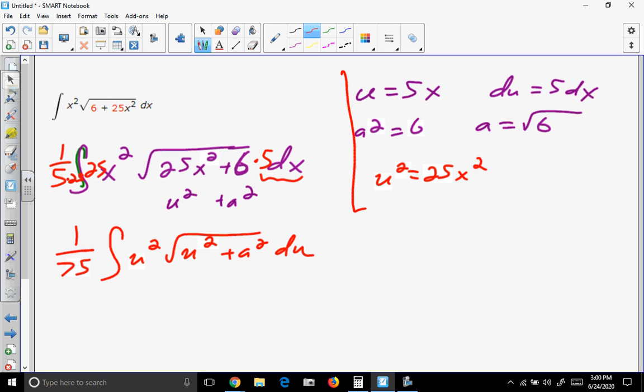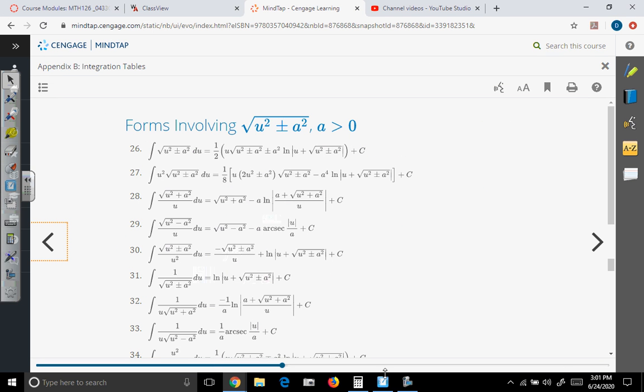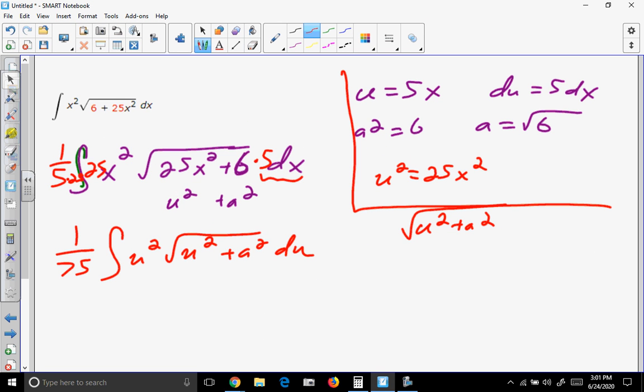As we mentioned in a previous video or in one of our conferences, it's very important that we make good notation about what is our u, what's du, what are we substituting in for. So if we think that this is going to be a square root of u squared plus a squared under the square root, then u squared is 25x squared.